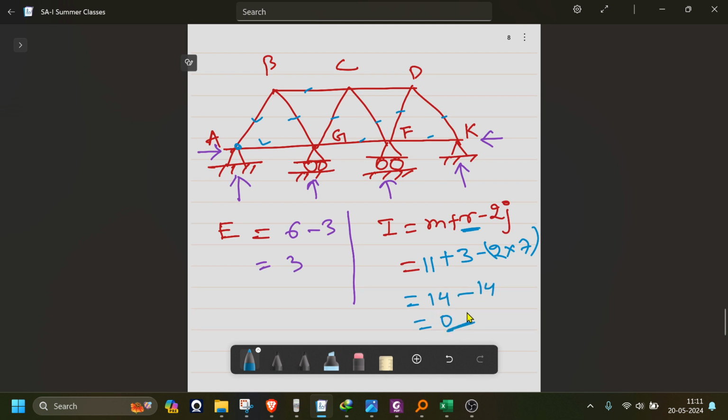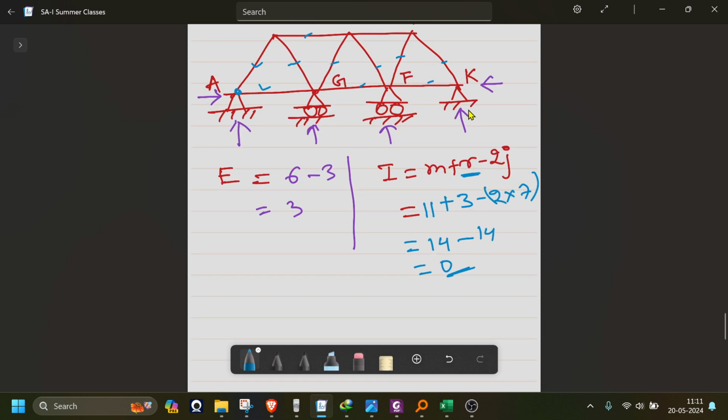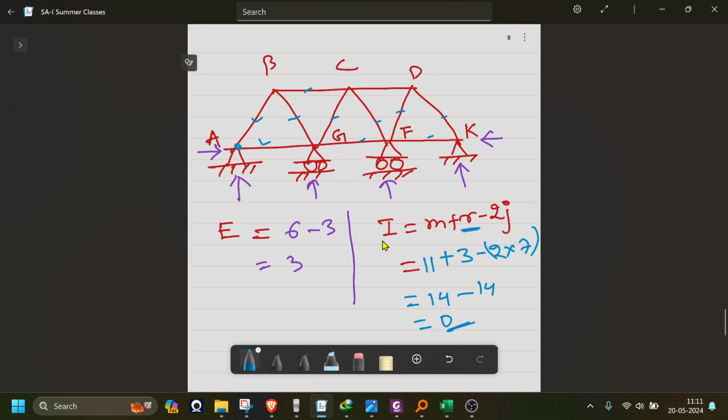Good. Now, I'm not talking about external indeterminacy, I'm not talking about internal indeterminacy. If I ask what is the degree of static indeterminacy for this truss, what will be your answer?